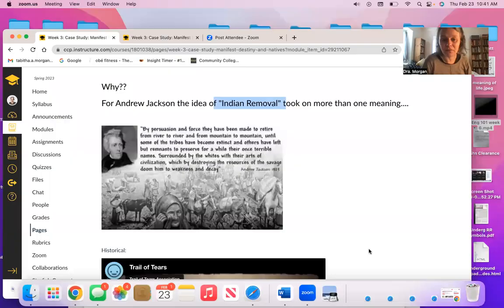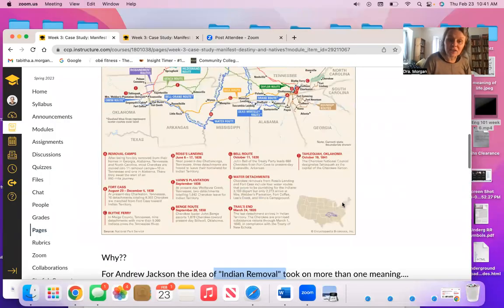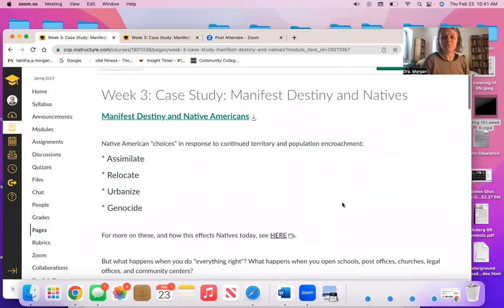What's he going to do with all that, the whole Midwest, right? We have free states, slave states, Native American territory, right? So what happens? Indian removal, right? Yeah, Indian removal.